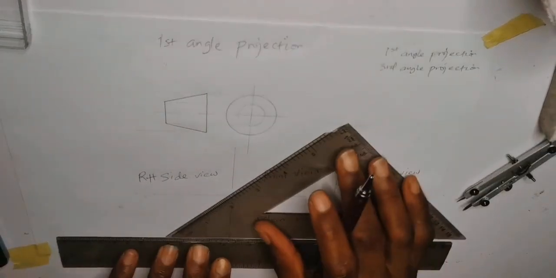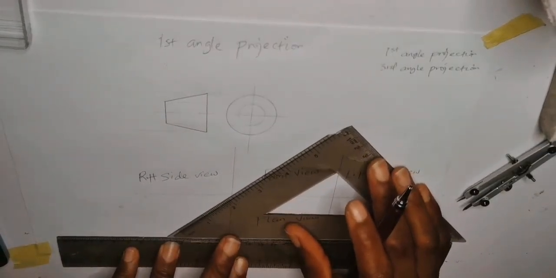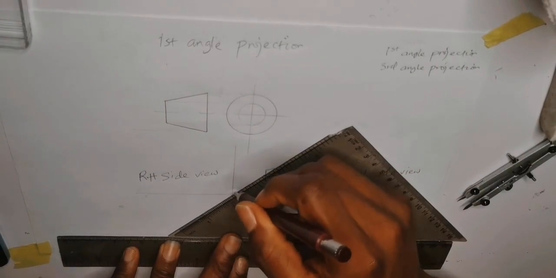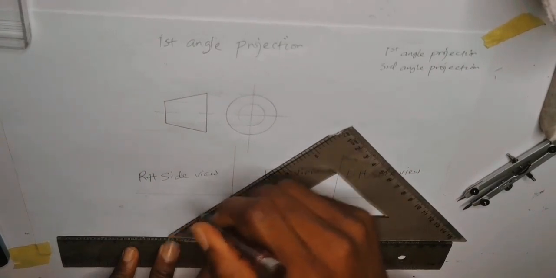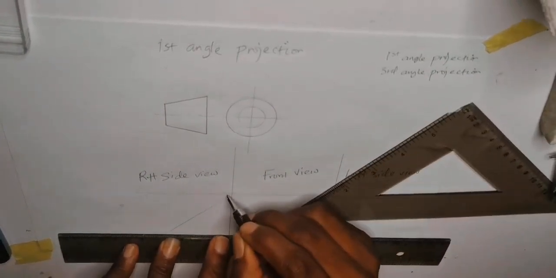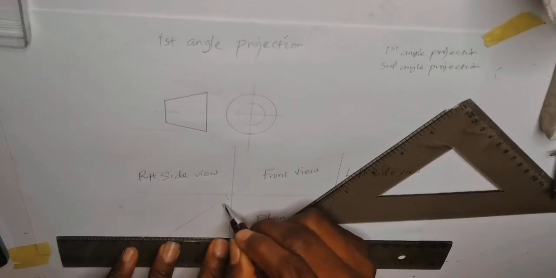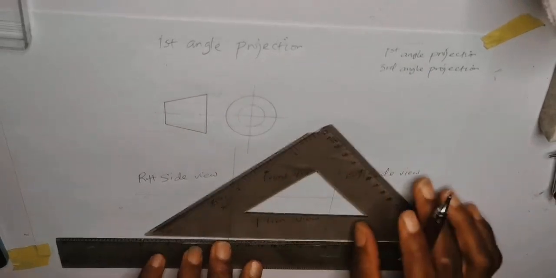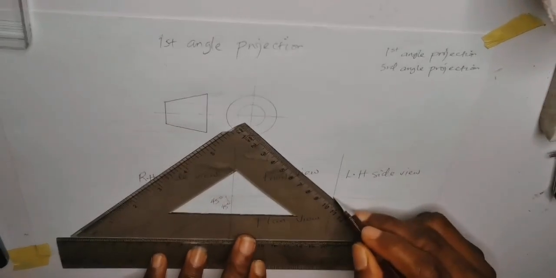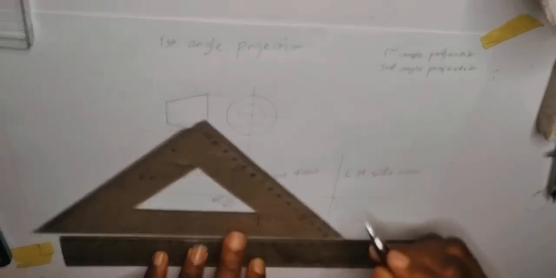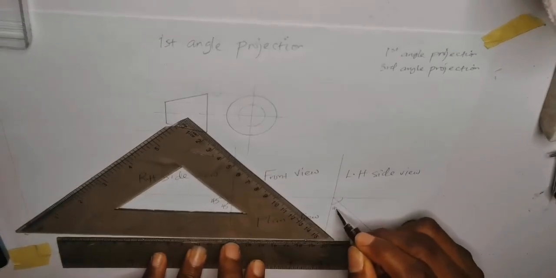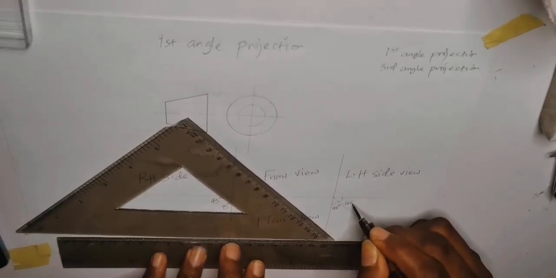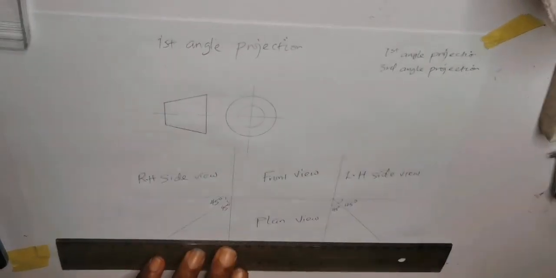At this point, there's a line drawn here which is inclined at an angle of 45 degrees. Same here, at an angle of 45 degrees.